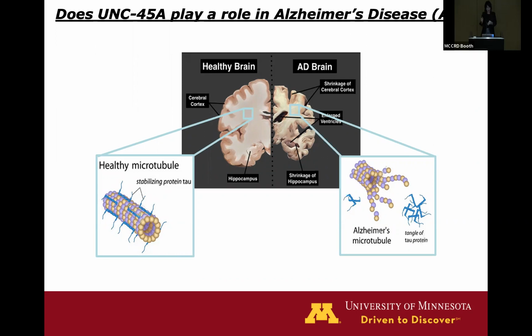And to the right, you have the representation of an Alzheimer's disease brain in which, among other things, tau came off, got hyperphosphorylated, and formed a tangle of tau, which is one of the hallmarks of Alzheimer's disease, and we will see it later in a picture. Most importantly, these microtubules don't have the protection of tau anymore, and they fall apart.